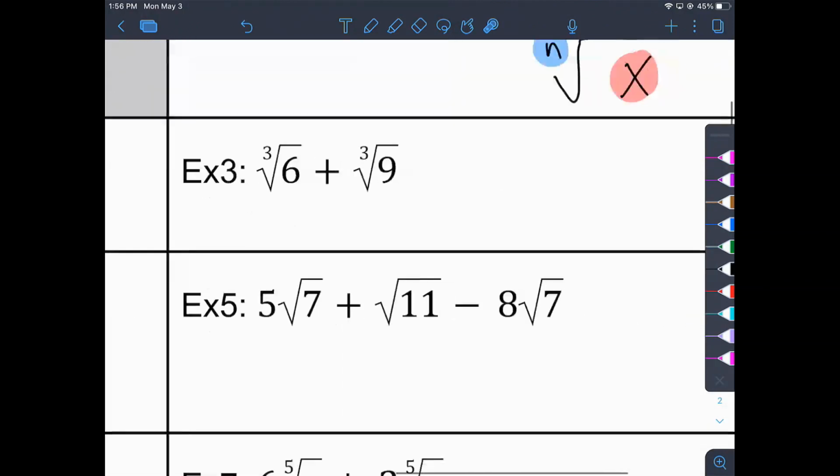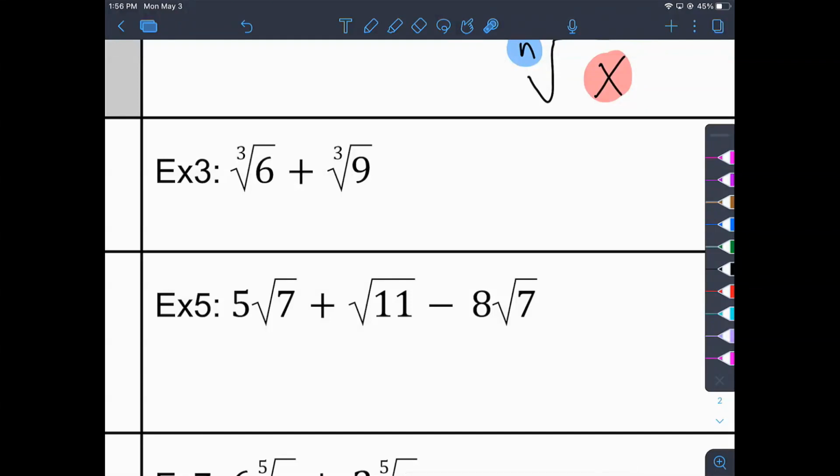Let's try another example. Do they have the same indexes? Yeah, look, they've got the same index. They're both a 3. What about the radicands? Well, they're not the same. But could we possibly make them the same? Maybe. The problem is that when we factor tree this one, it becomes 2 times 3, which means we would need 3 2s or 3 3s in order to match the index and pull out a whole number.